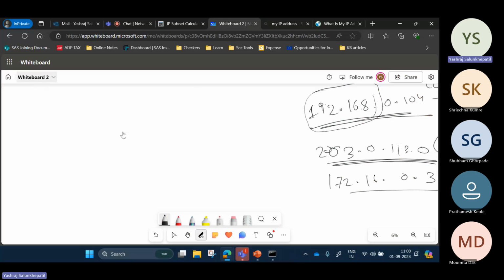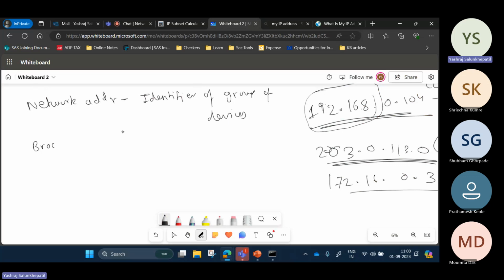Okay. Now, in general, for definition, as in something that you can use to write in your exams, network address is identifier of group of devices. Okay.